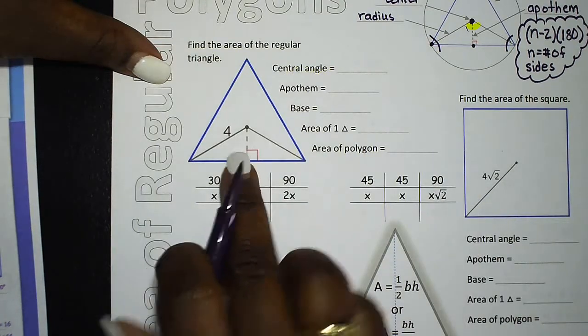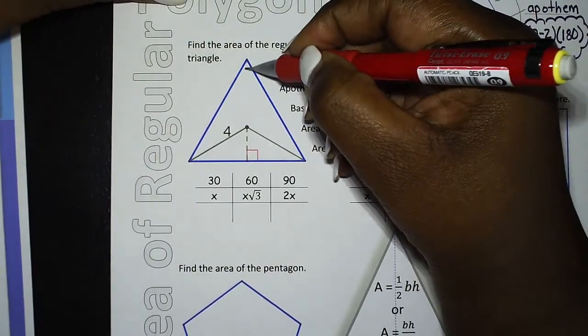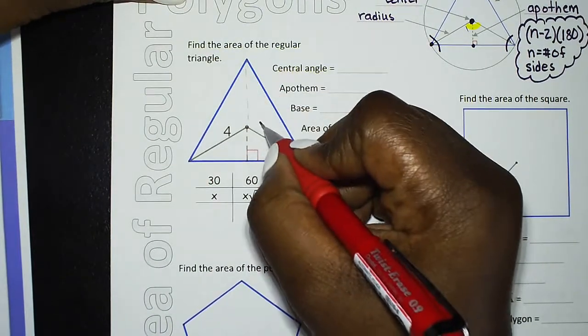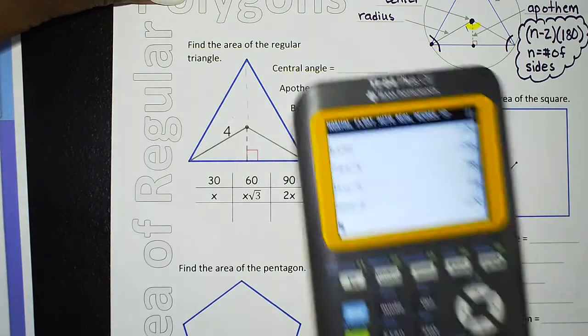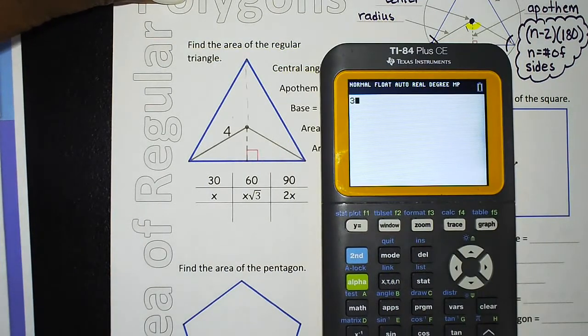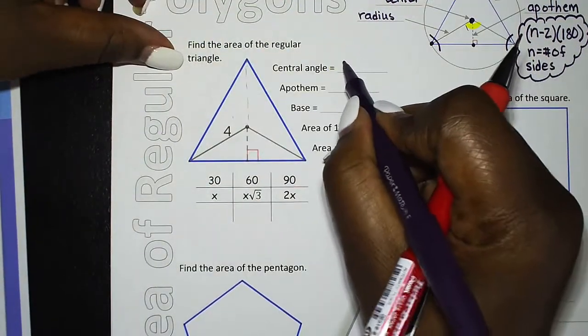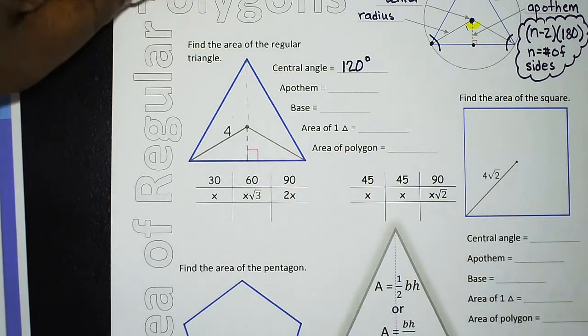Well, let's see how many triangles I can make here. 1, 2, 3. 1, 2, 3 triangles. So this would be 360. The central angle is 360 divided by 3. So my central angle measures 120 degrees. You say, what?